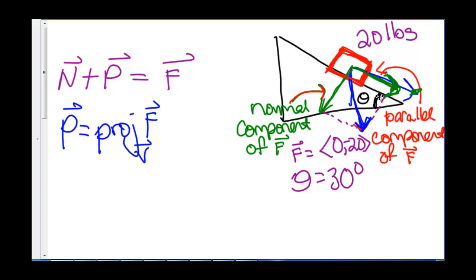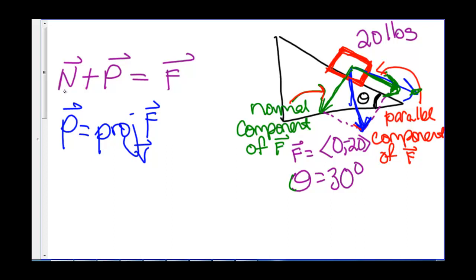And if we know the angle of our plane, in this case 30 degrees, then we can find our normal component and our parallel component. So first notice that this blue vector F, using our parallelogram addition rule, is the normal component plus the parallel component.